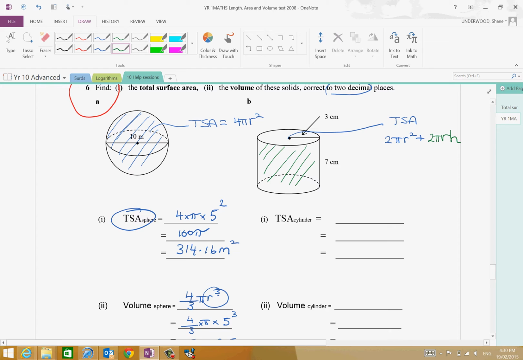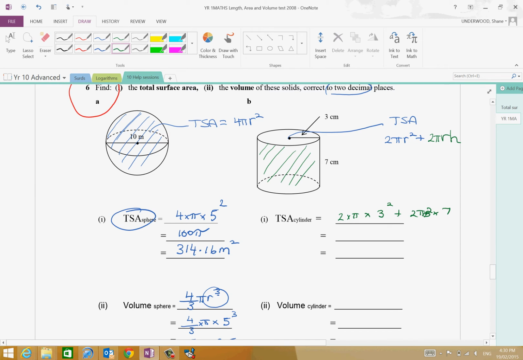So now what we have to do is just plug our values in. The two unknowns are there and we're asked in centimetres. So our total surface area is 2 times pi times r, which is 3 squared, plus 2 pi r times h, which is 2 pi times 3 times our height, which is 7.